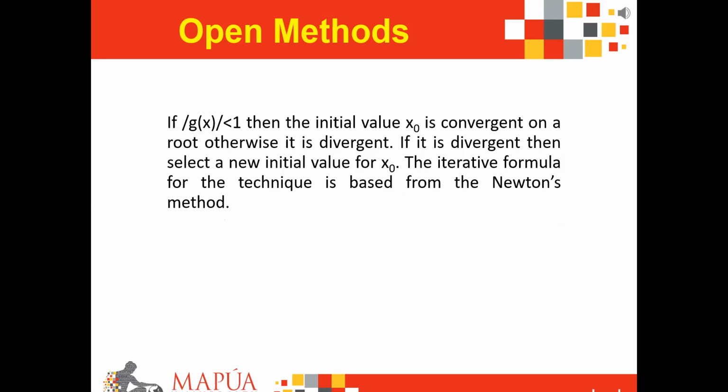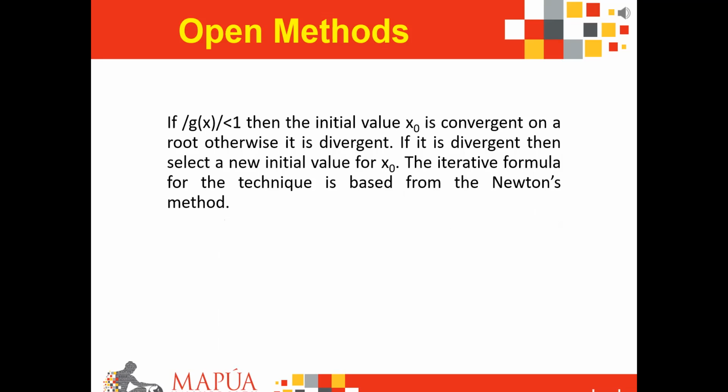If the absolute value of your g of x turns out to be less than 1, then the initial value selected x0 is convergent on a given particular root. Otherwise, this becomes divergent.